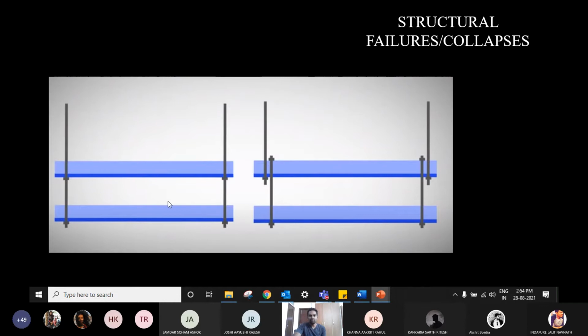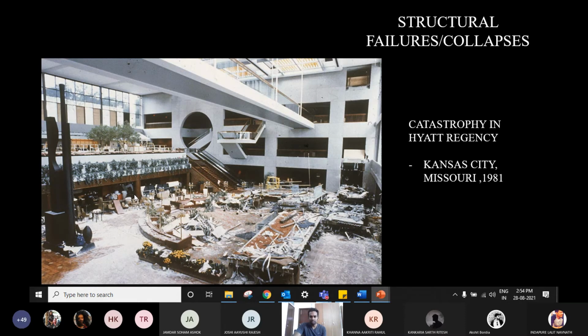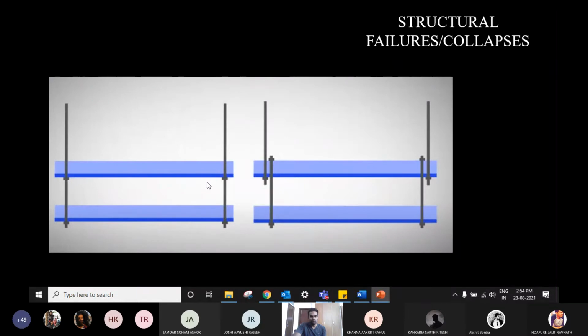Okay, guys. Now tell me, any one of you, this is the original design, the one that you see on the left side. So as I told you, there are two walkways here, one on the 4th floor and one on the 2nd floor. Now the original design was something like this. You have the tie rods, which are the hanging rods, connected to the ceiling, and you have your top walkway, the 4th floor walkway.